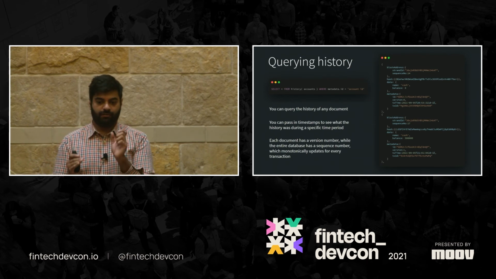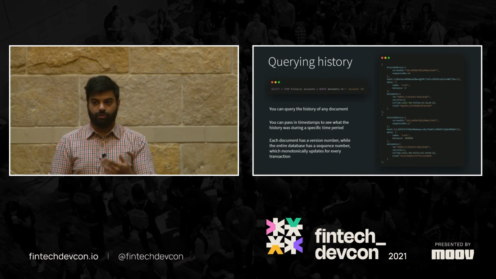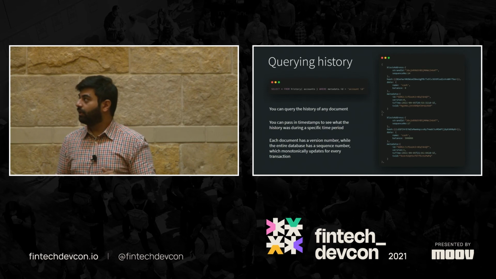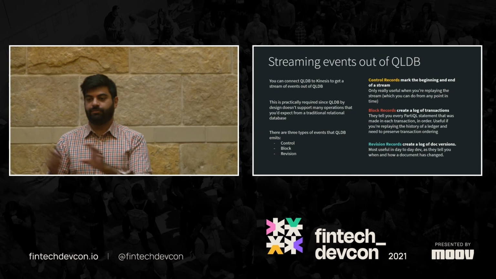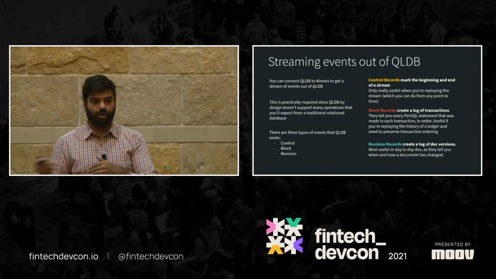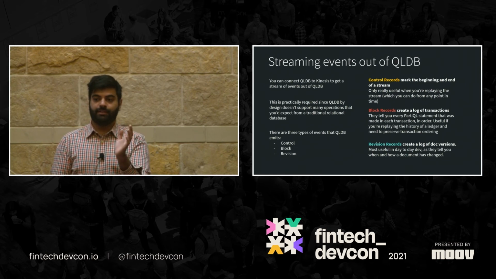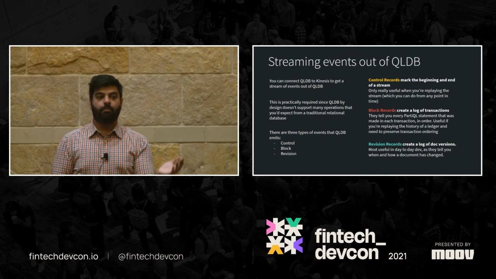You have a vector clock that you can use to make sure that you can run updates multiple times. For example, if you have a stream coming out of QLDB into Kinesis, most systems will give you at least once delivery on those messages, which means that you might get an event from QLDB into your Lambda function, or whatever's processing your events, multiple times.